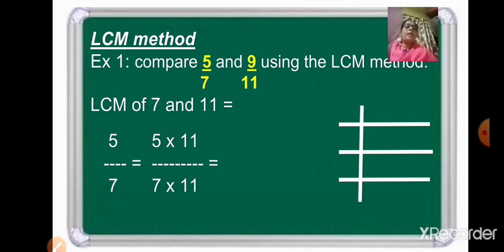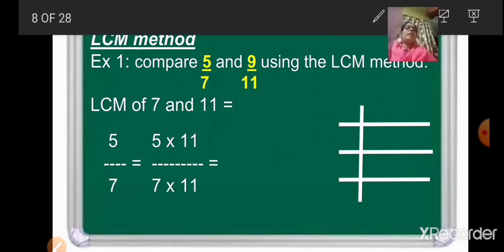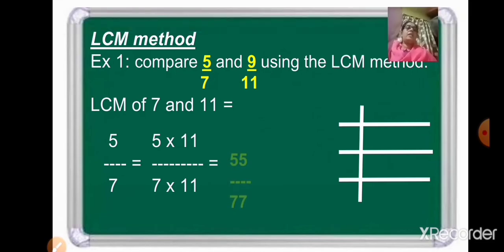So when you multiply the denominator by 11, you will also multiply the numerator by the same number. So 5 into 11 and 7 into 11, that is 55 upon 77. So the first fraction becomes 55 upon 77. You have to make both the fractions like denominators.